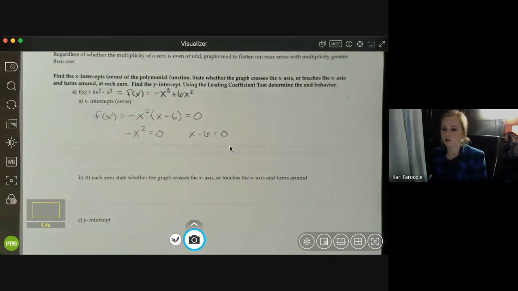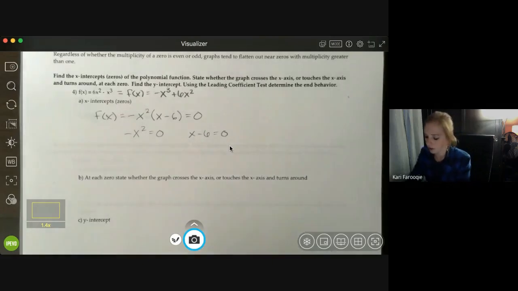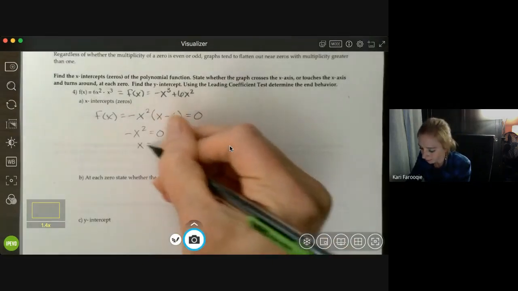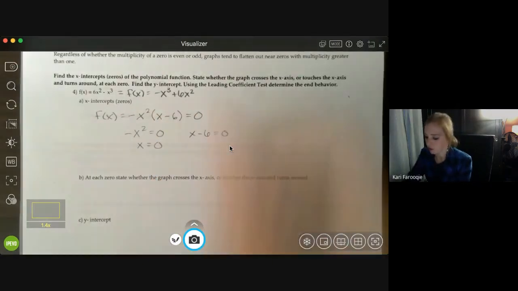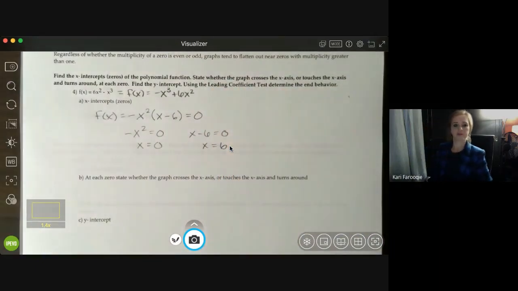I guess we used it when we were solving quadratic equations in 1.5. And we're going to take each factor and set it equal to 0, and then we're going to solve for x. X equals 0 and x equals 6. These are the zeros of our polynomial function.